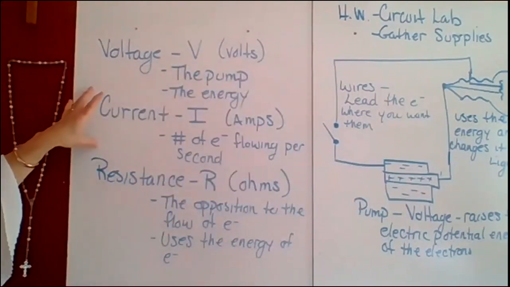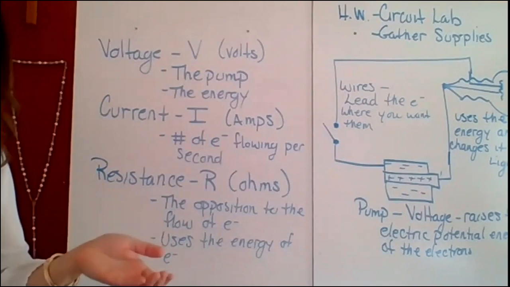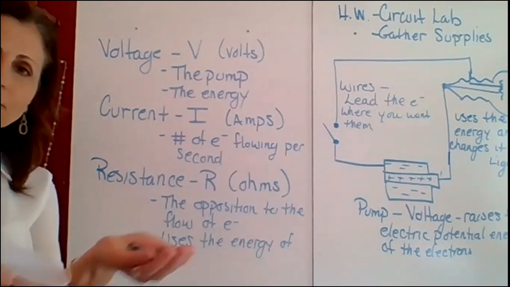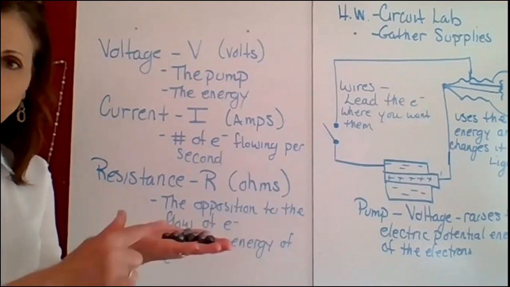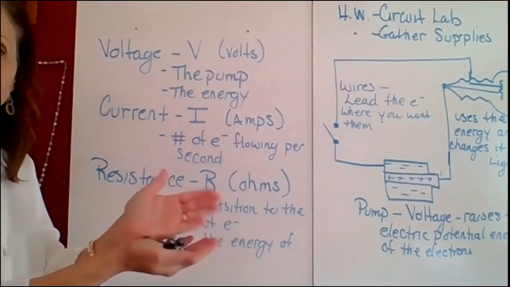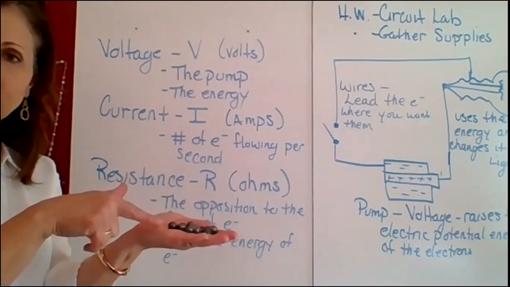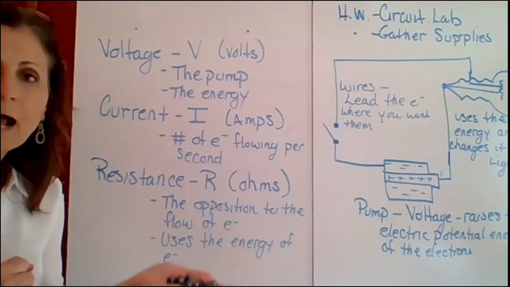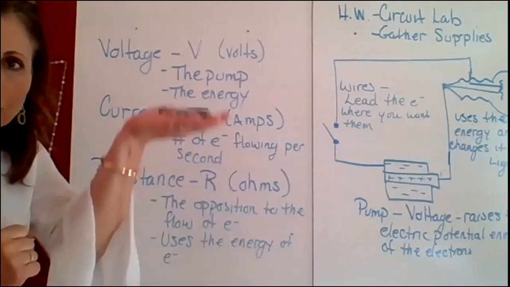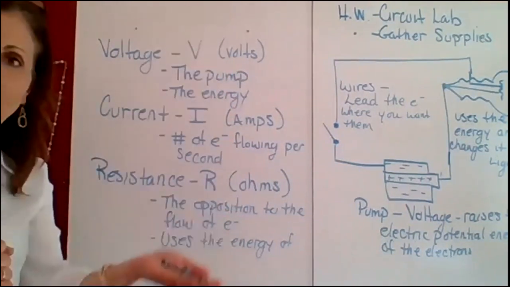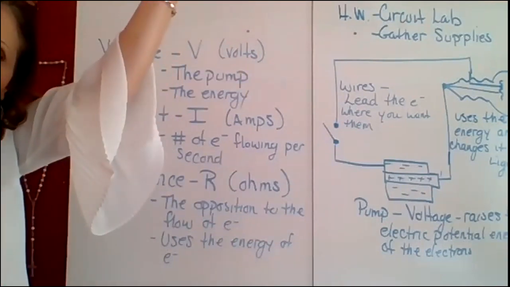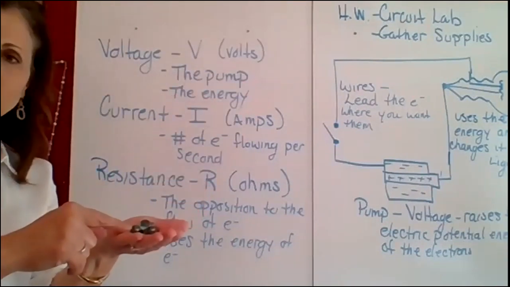So the current, I want you to think of as my handful of marbles, right? So I have all these marbles. That would be the current. However many marbles I have in my hand, that would be the current that I would describe. How high I lift these would be the voltage. So the higher I lift them, the more energy each one of the marbles gets.